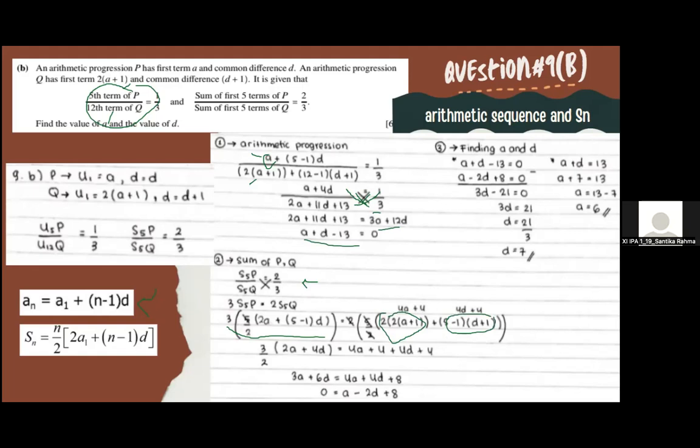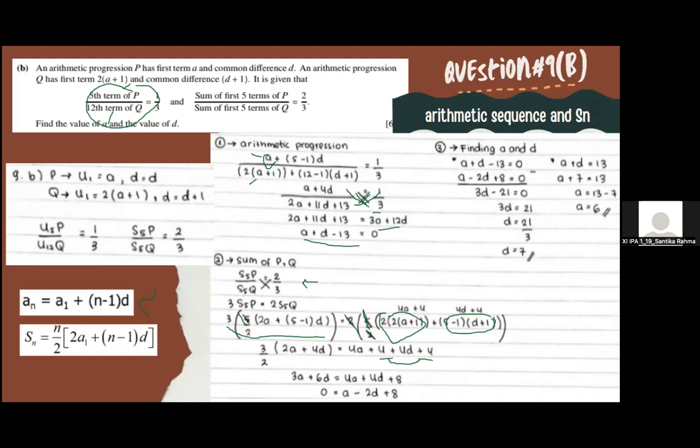And so after that, we cross out the 5 with this 5 over here, and this 2 with this 2 over here. And so we get 3 over 2 times 2a plus 4d equals 4a plus 4 plus 4d plus 4. We can add up the 4s over here because they are like terms.